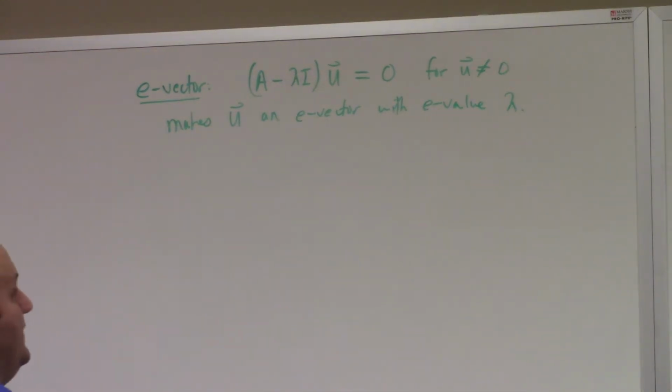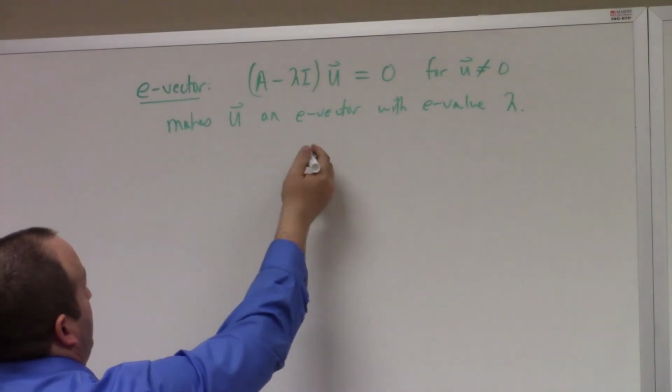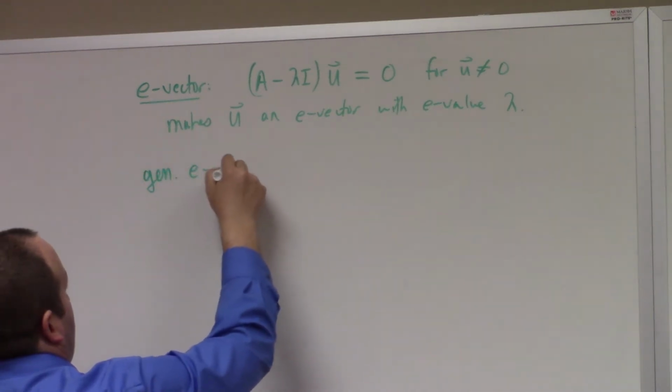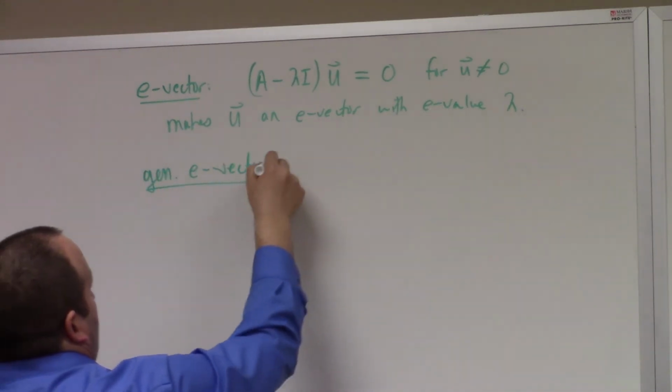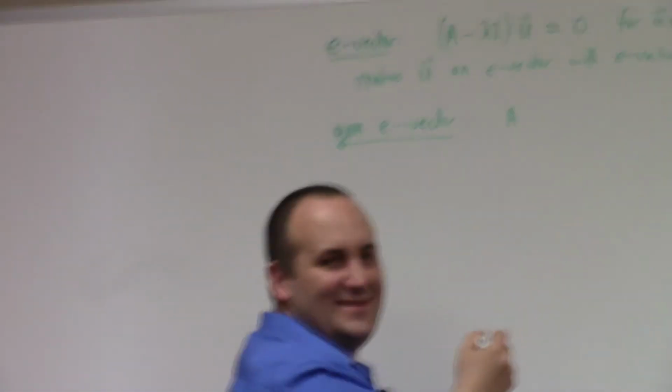And then on the other hand, we have generalized eigenvectors, right? What's the generalized eigenvector? We arrange them in chains.